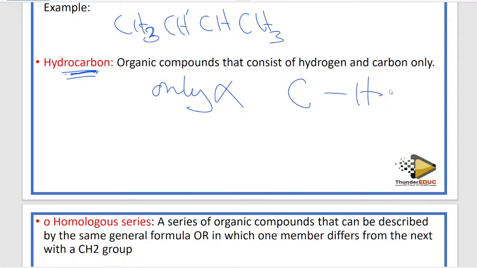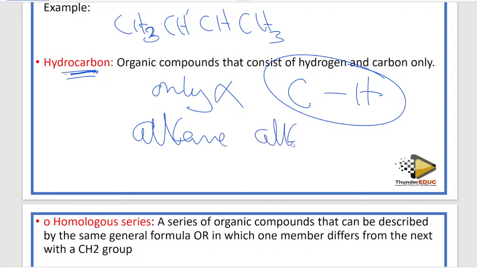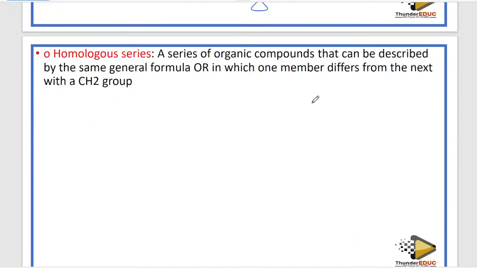Carbon and hydrogen only. So examples here: we talk about alkanes, alkenes, and alkynes. Those are the core of the hydrocarbons.